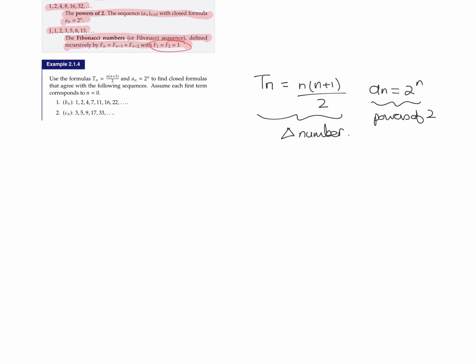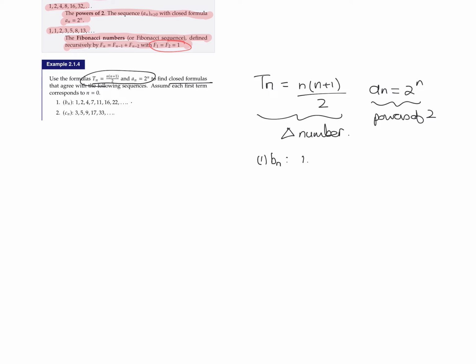Okay, so let's see what they want. They say, use these two to find closed formulas for those two functions. Okay, so there's a lot coming, so let's go over here. Now, let us in fact stay on that side. So Bn, the sequence Bn is what we're looking for.